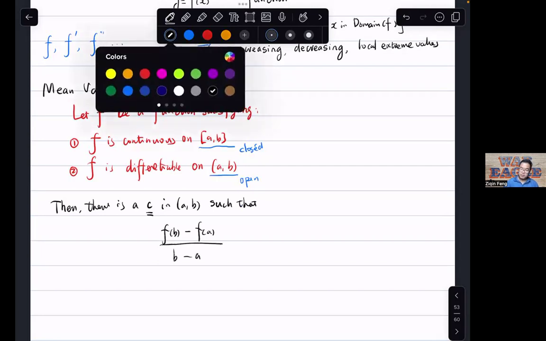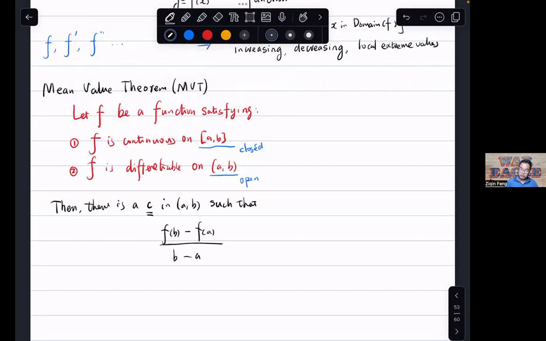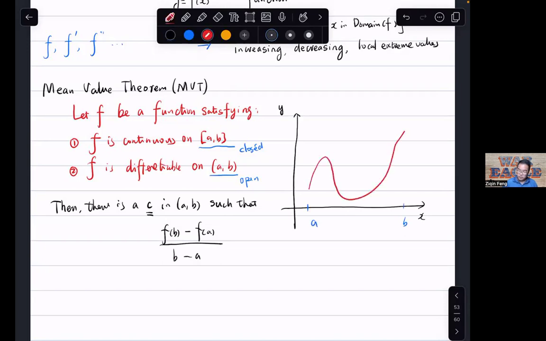Let's try to use a picture to illustrate what is going on. We have our y-axis, we have our x-axis, and we have our points, let's call that a here and b here. And then we have a function, which is very nice, like a function like this, right?